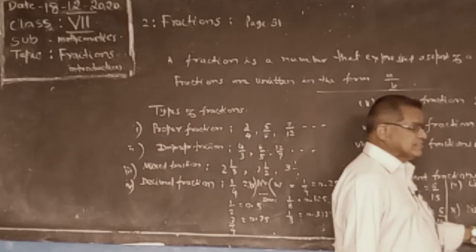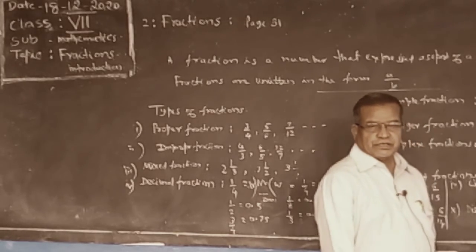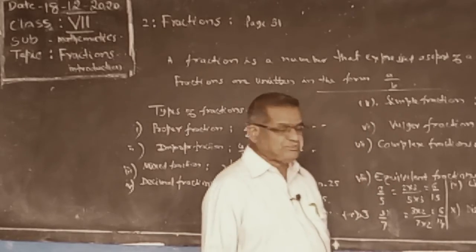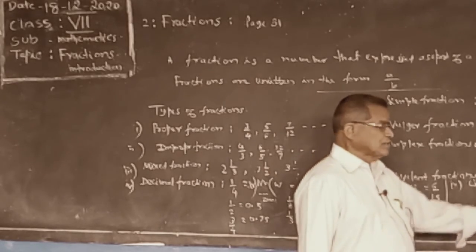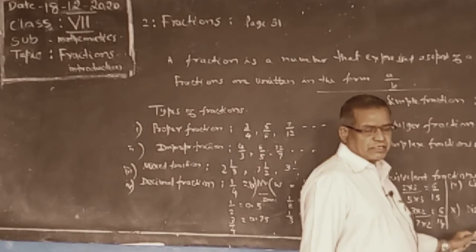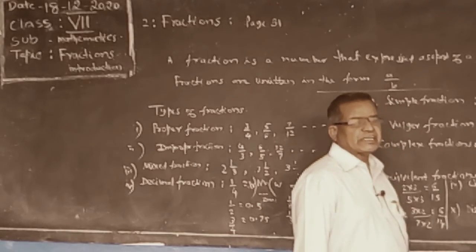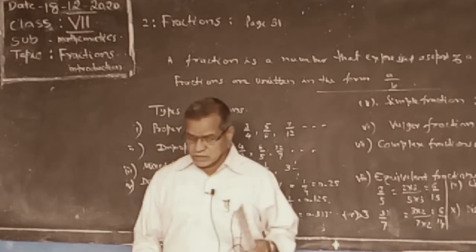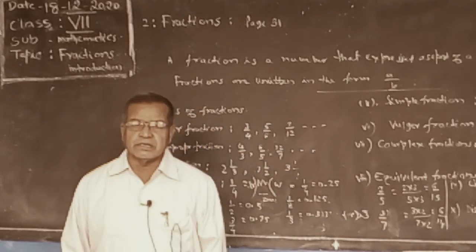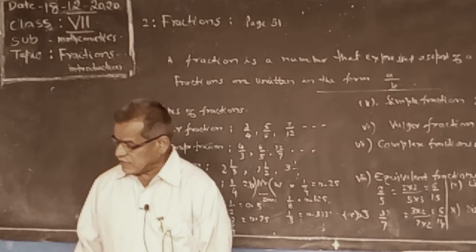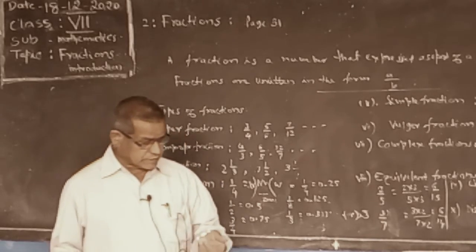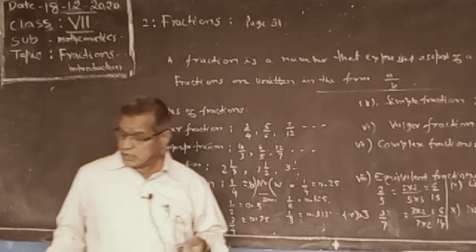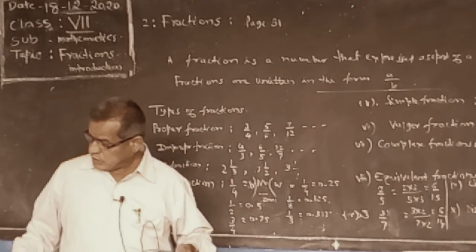Whereas in like fractions, the denominator is the same, whatever the denominator, that will be same. Then we say like fractions. If the denominators are different, they are called unlike fractions. Like that, first of all, you learn all these, you study about the fractions.